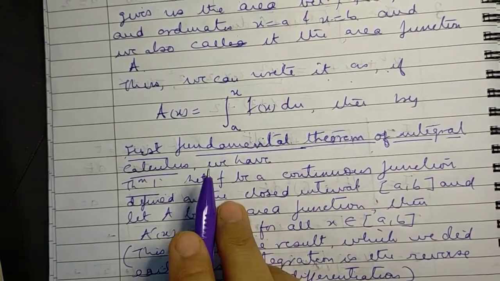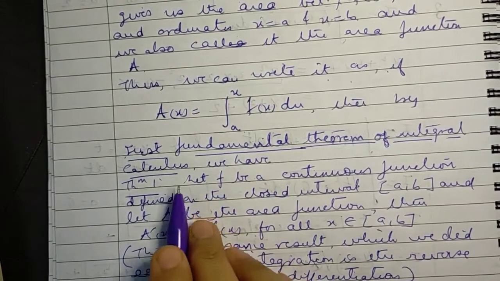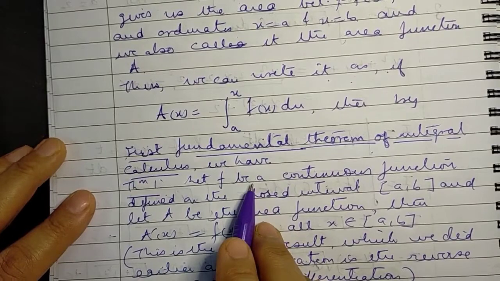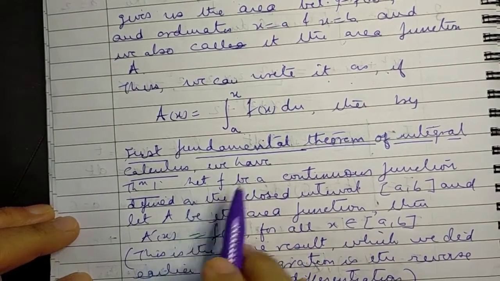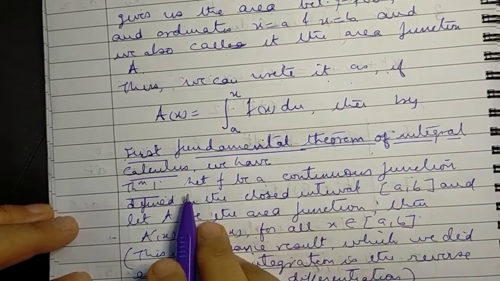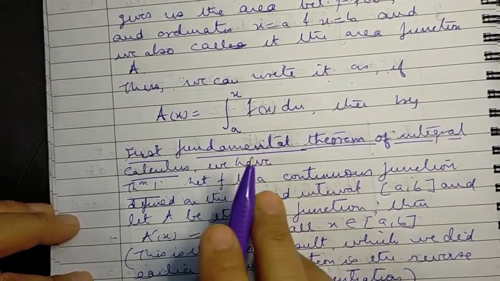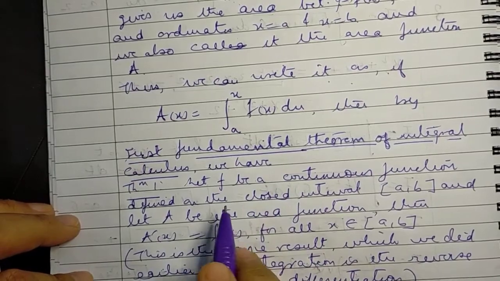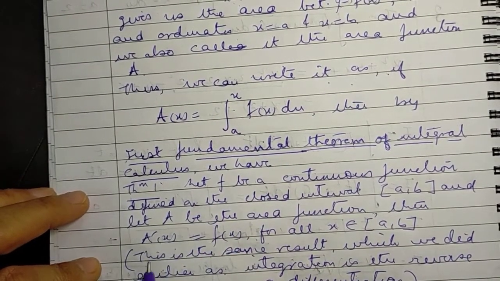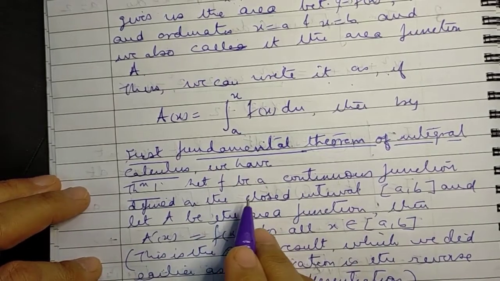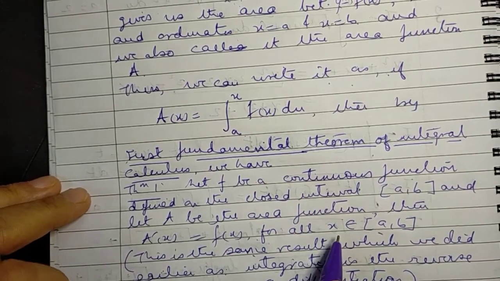If you remember, in the very first video on integral calculus we discussed the fundamental theorem, which gave us a relation between differentiation and integration, that integration is the inverse or reverse process of differentiation.